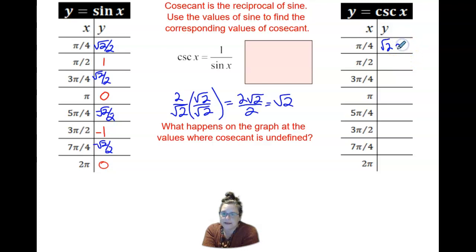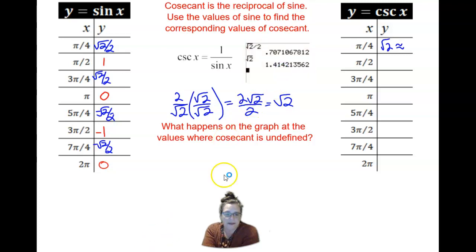And we're going to get a decimal approximation by entering that into the calculator and rounding to 1 decimal place. So square root of 2 is approximately 1.4, which makes sense since half of the square root of 2 was 0.7. Okay, then the reciprocal of 1 is 1. So cosecant of pi over 2 is 1.